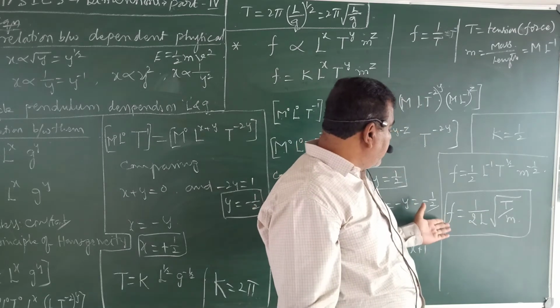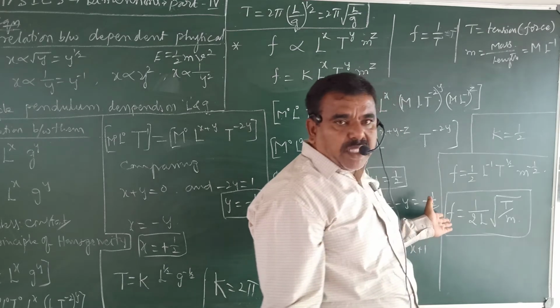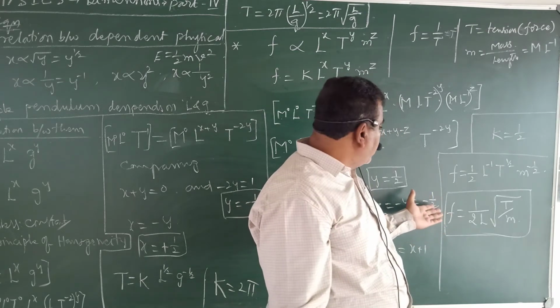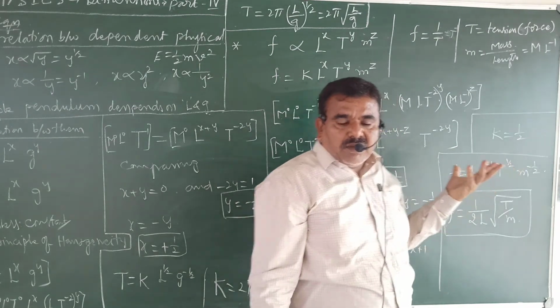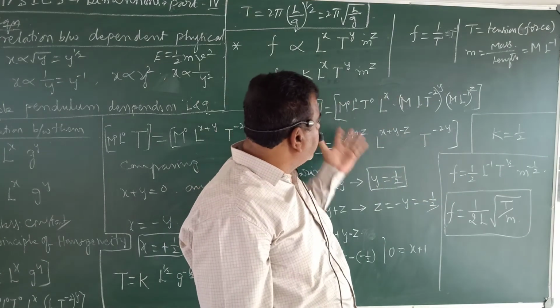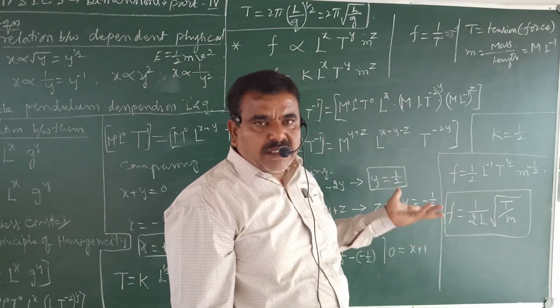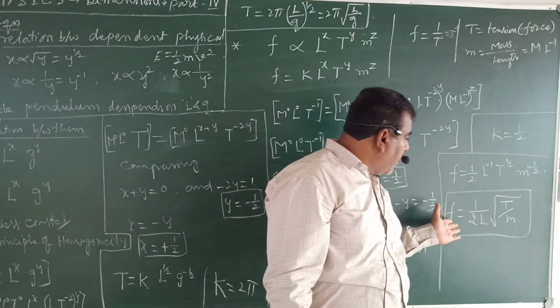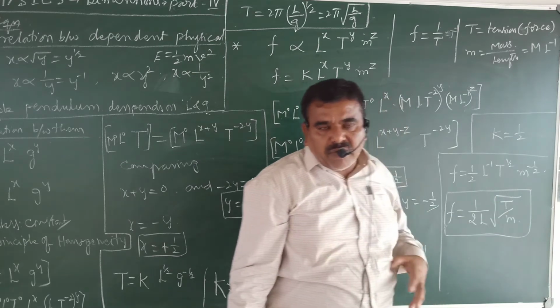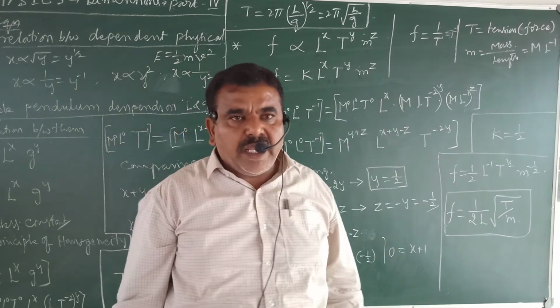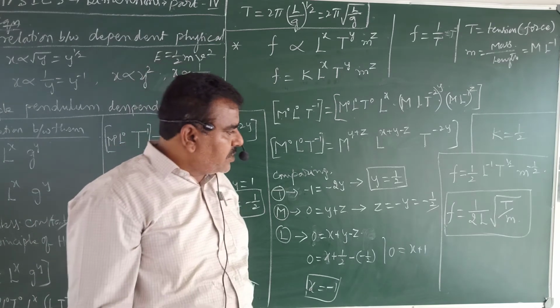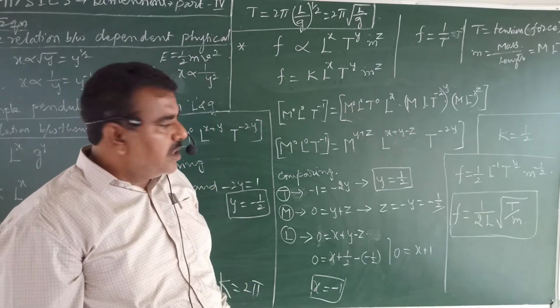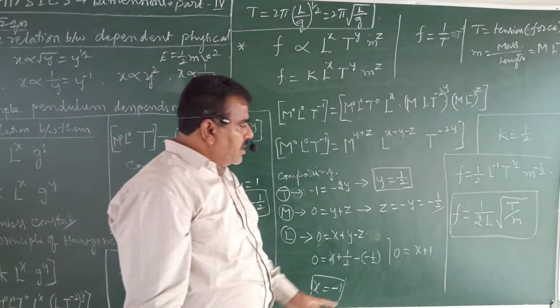So without knowing anything, using these simple thoughts, dimensional analysis itself, we can derive this kind of equations. Similarly, you can derive some more equations. Make your effort to understand better.